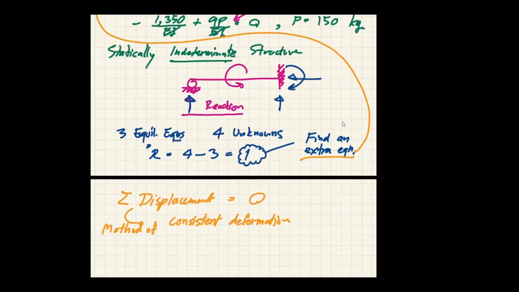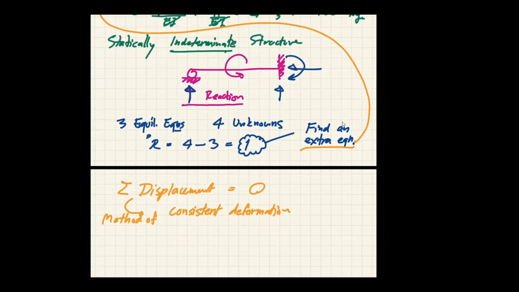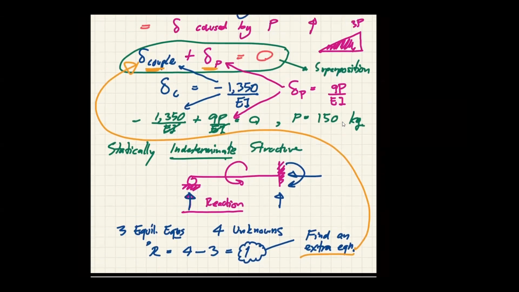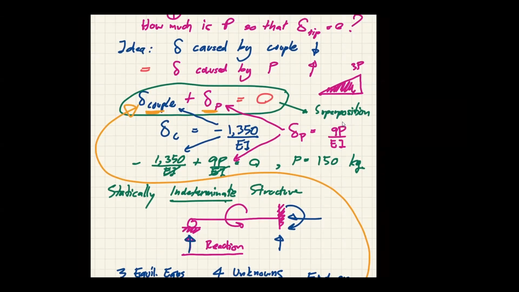This is the method that they call the method of consistent deformation. The condition here is that we can add the displacements together and result in zero.